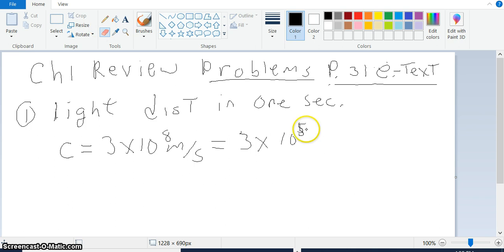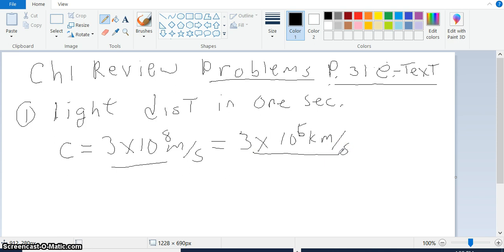Sorry, let's erase that real quick. 10 to the 5th. Hopefully that looks better. And that's kilometers per second. All right. So we're going to actually use this second one. So sometimes we'll use 3 times 10 to the 8th. Sometimes we'll use 3 times 10 to the 5th kilometers per second.